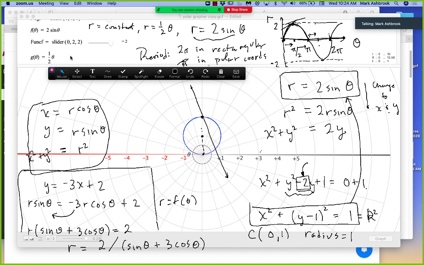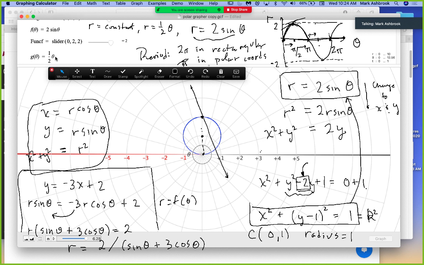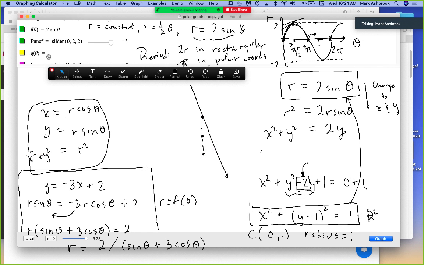But if I put in that equation, watch what happens. I put in 2 divided by sine theta plus 3 cosine theta.